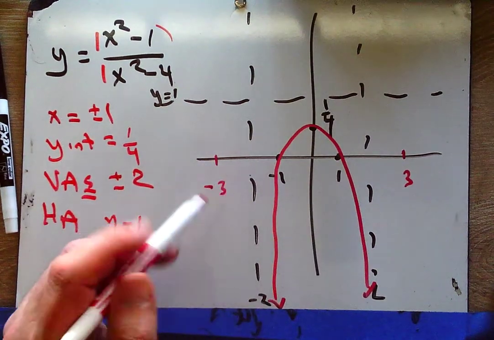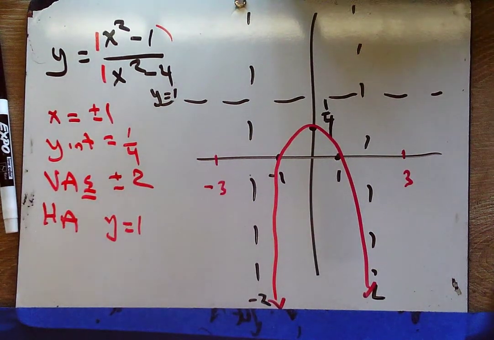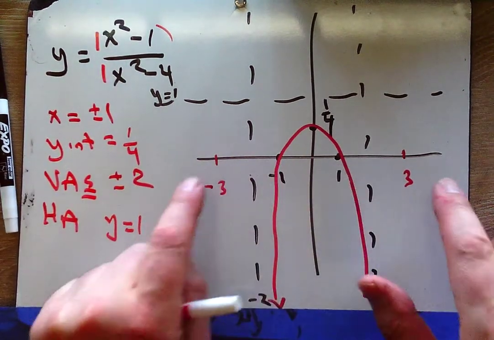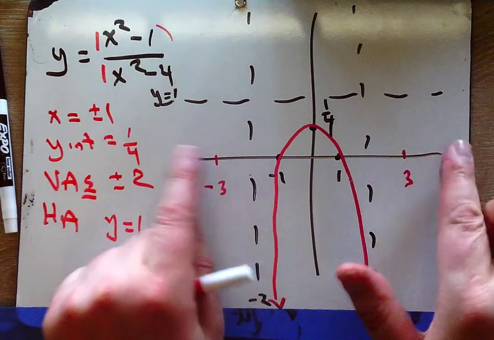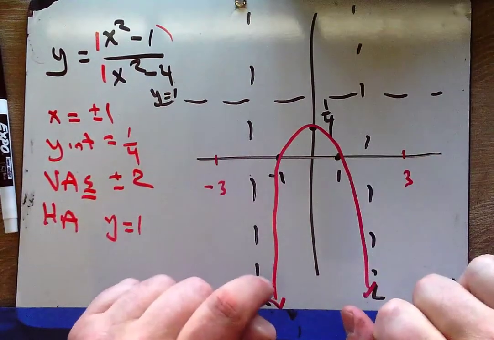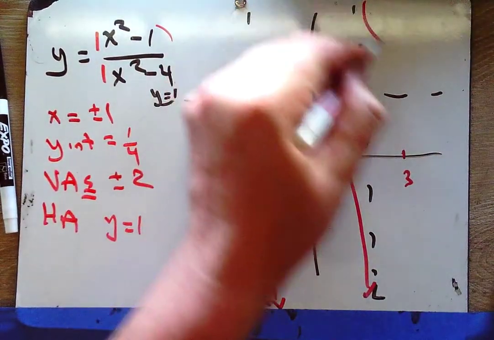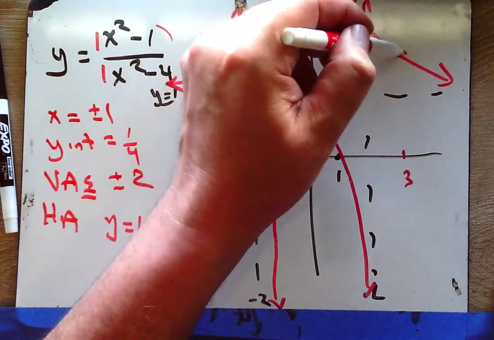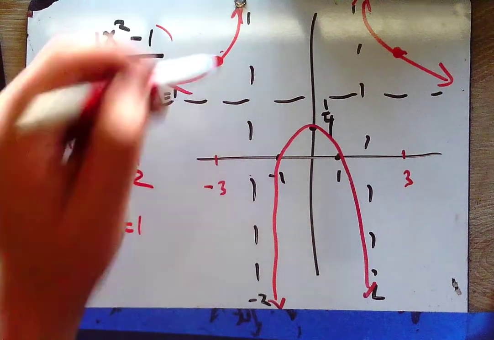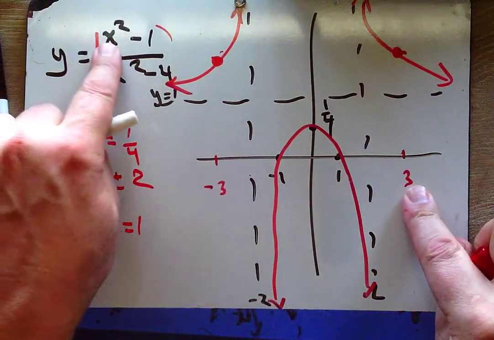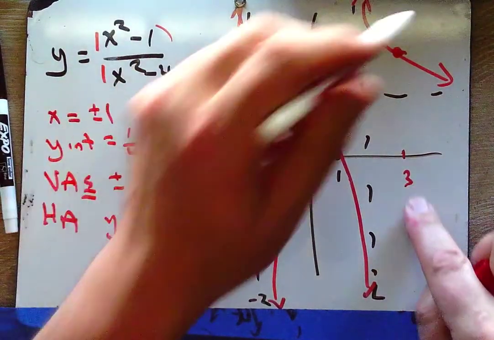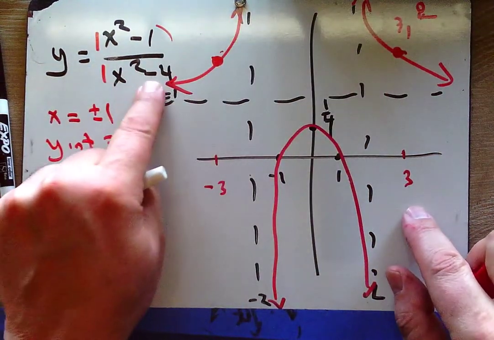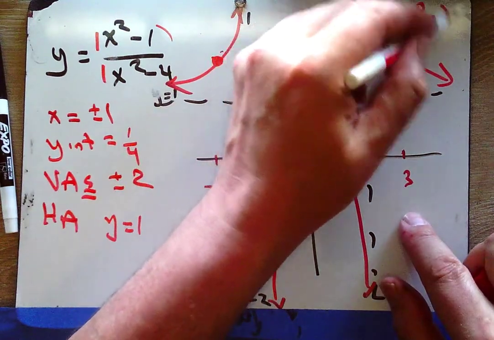What about here at negative 3? Well, look, we know already we had two x-intercepts, and we've used them. So we're not going to be having any x-intercepts over here because we used all the ones we had already. I know that I'm going to have up here and that I'm going to have down here. But I still need you to label a point on each of these pieces. So if I plug a 3 in there, 3 squared is 9, 9 minus 1 is 8. So I get 3, 8 over 9 minus 4 is 5.